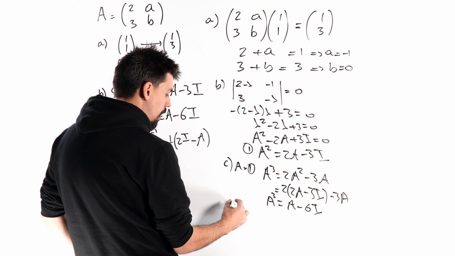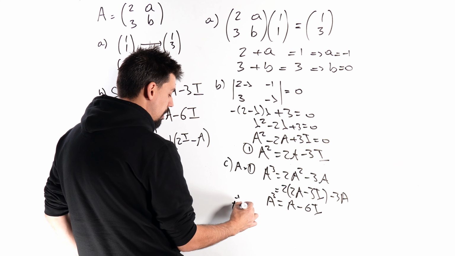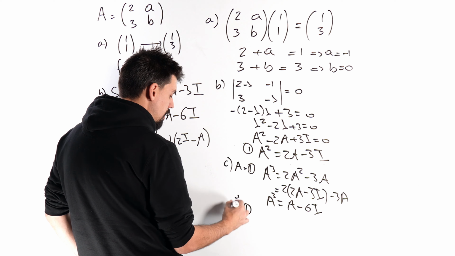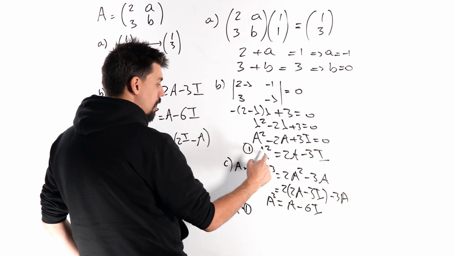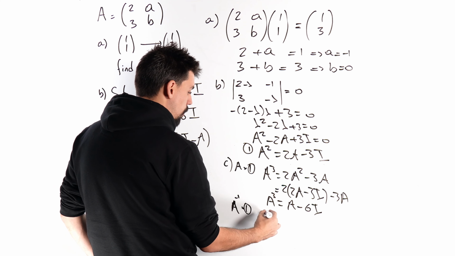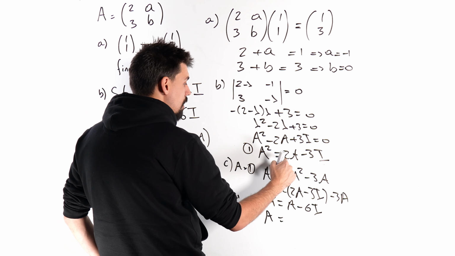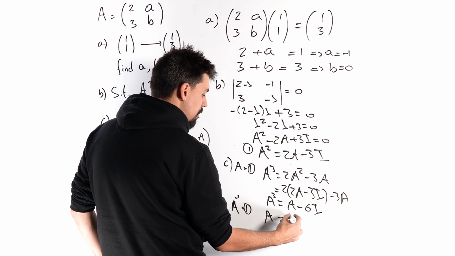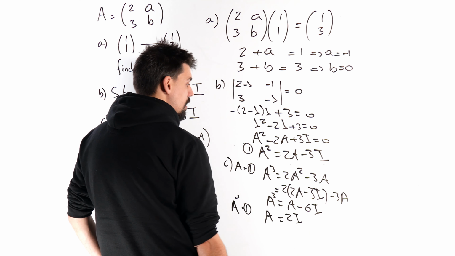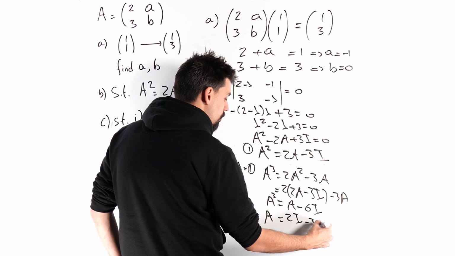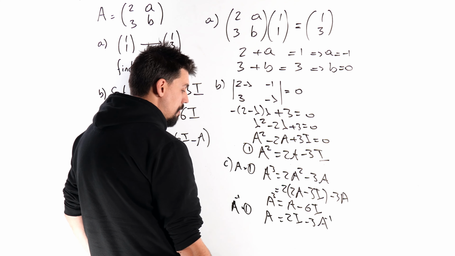And then for the second one, we're just going to multiply equation 1 by A to the minus 1. So A squared times A minus 1 becomes A. 2 times A minus 1 just becomes the 2 times the identity. Minus 3A to the minus 1.